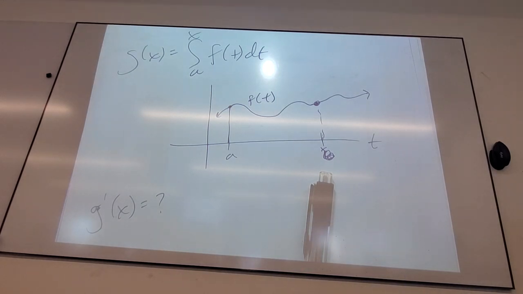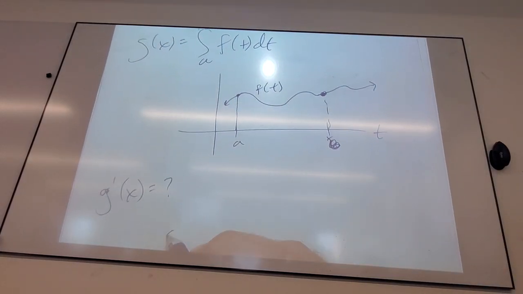I think you guys are more than likely thinking I'm asking you to do more. All I want you to do here is g prime of x. How does it work?